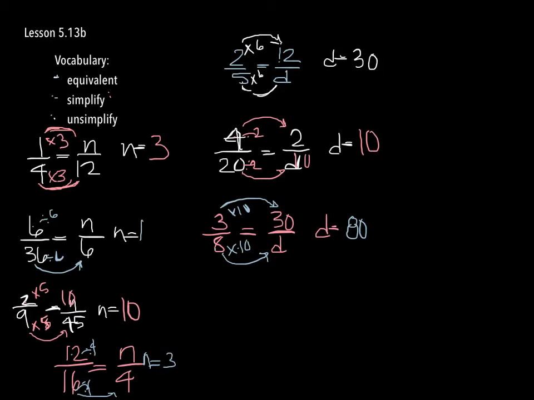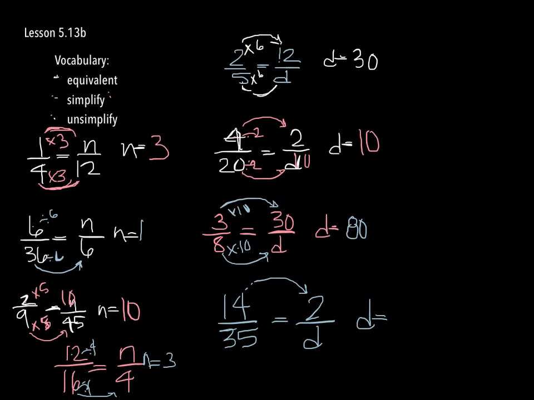All right, let's look at one more problem here. 14 over 35 is equal to 2 over delta. And again, we're going to figure out what delta is equal to. Let's check and see what we did. We take 14 and how did we get to 2?